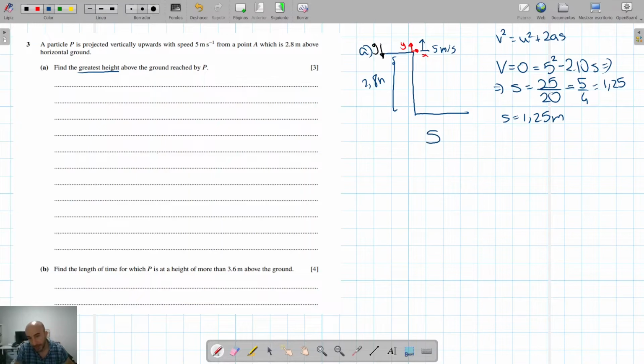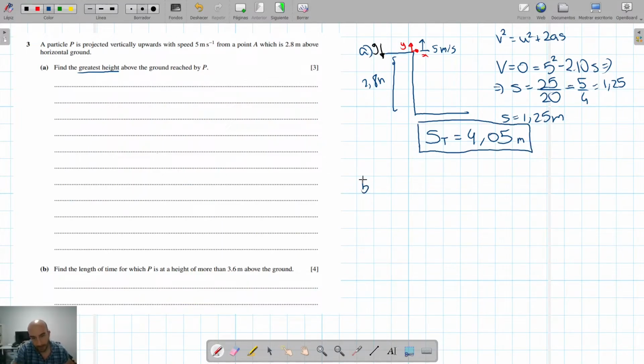So if we measure from the bottom, and all our measurements should be from the bottom, it is 1.25 plus that 2.8, which is 4.05 meters. So that's our greatest height.